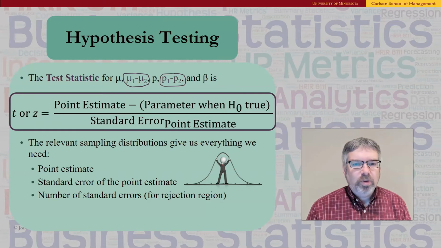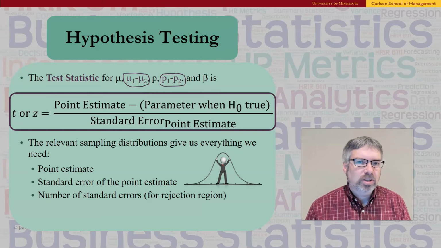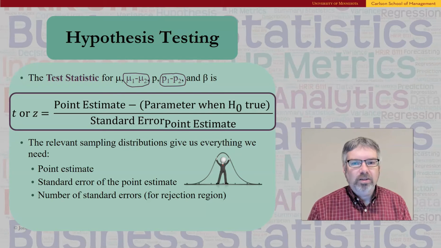And so we can standardize those in exactly the same way that we standardize a single mean or a single proportion. And if we know the sampling distribution of our test statistic, which in the difference of two means case is going to be x bar 1 minus x bar 2, the difference in the two sample means, or if we know the sampling distribution of the relevant statistic in the difference of two population proportions case, which of course is p1 bar minus p2 bar, the difference in the two sample proportions, right?